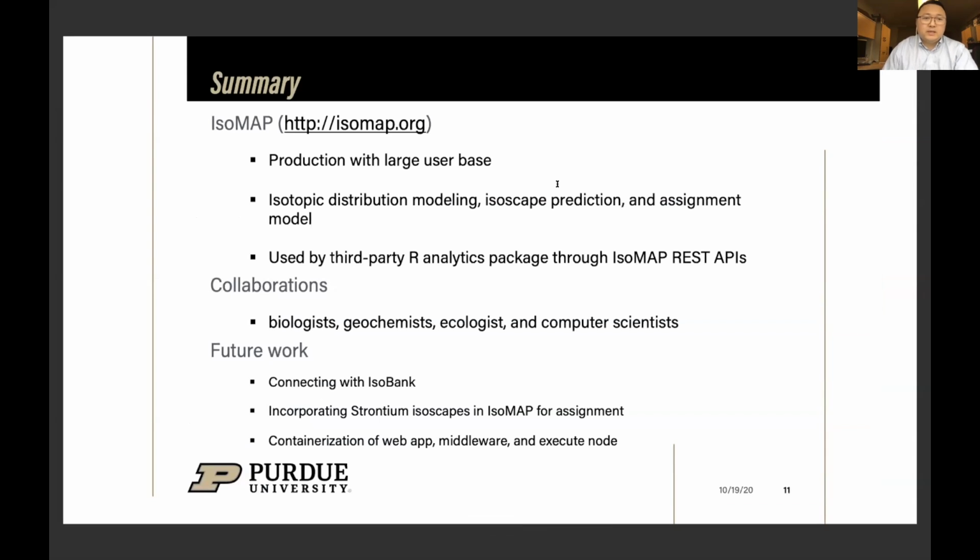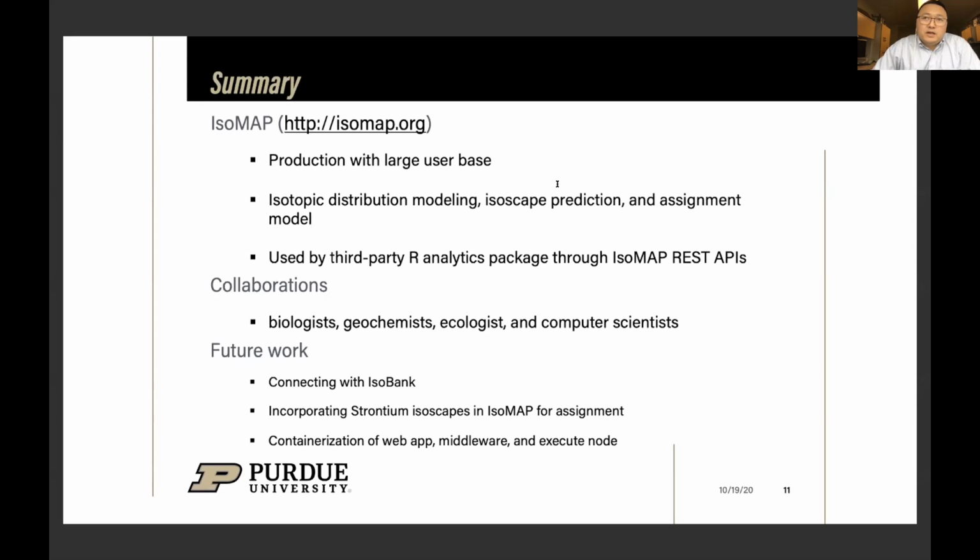So the summary is Isomap has been in production for more than 10 years, has a large user base, and can be connected to third-party analysis software. And we are collaborating with many diverse areas. In the future, we're thinking of extending our platform to cover other elements.